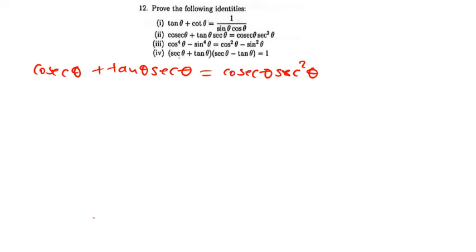Which part looks more complicated and which one looks more simplified? This one is a bit combined, but I would first of all go with the left one. So left hand side again is equal to cosecant of theta plus tan of theta secant of theta.